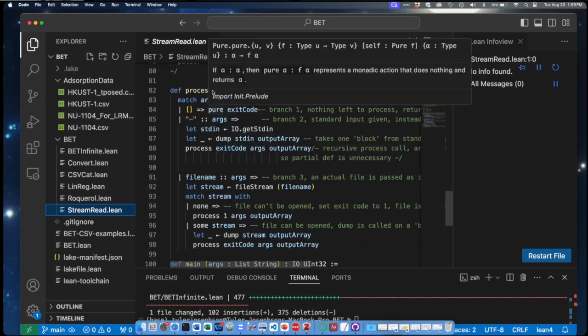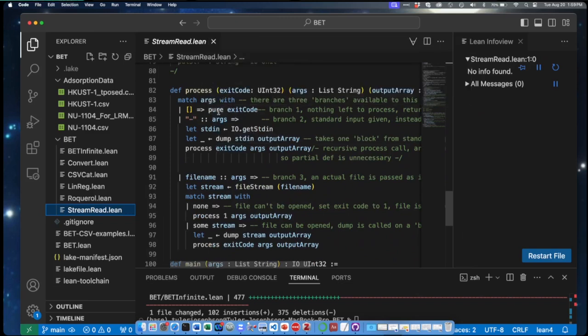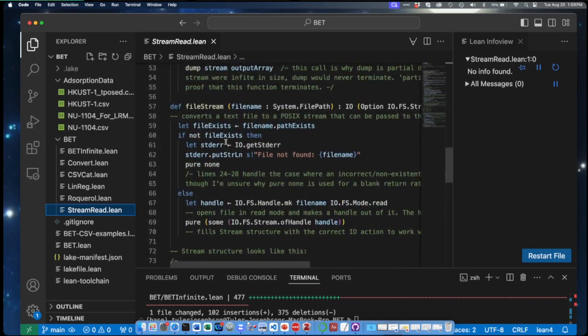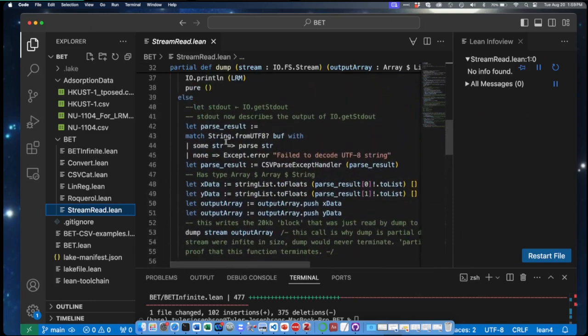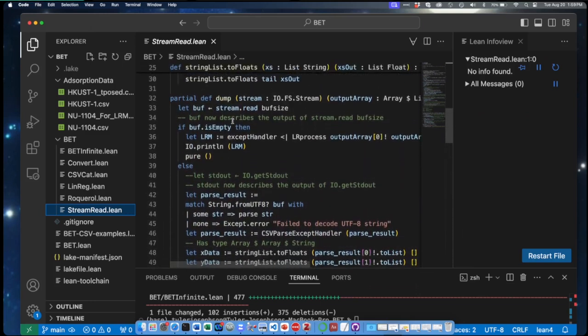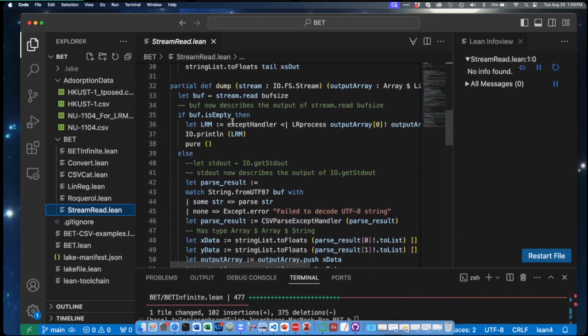Process, after you dig through the I/O complications, calls dump. And dump is right here. Dump is going to read the text buffer that's coming in.